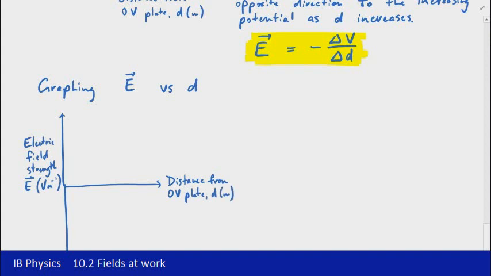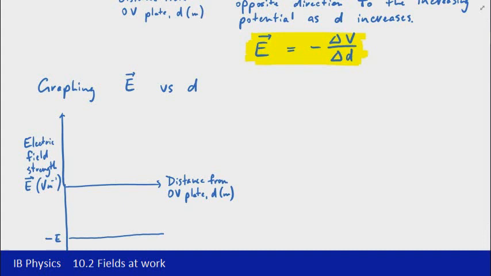And you'll notice here that because we've got this negative gradient value, what we would see for the electric field strength is that it would be a line down here somewhere, where the size of the electric field strength would be E, and so the negative there indicating that it's a vector in the opposite direction.